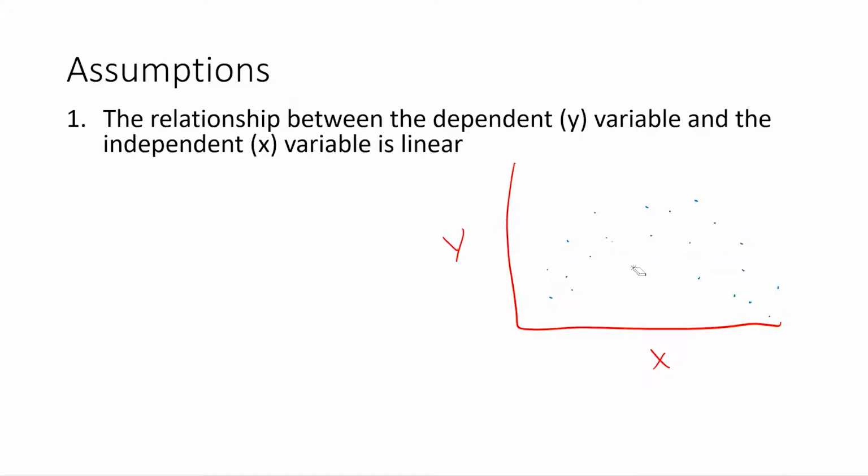But if we look at this data, we can kind of clearly see that there's a pattern to it, that there might be a relationship between X and Y, and that a line that might better fit it is a parabola. So even though there's a relationship between X and Y, it's nonlinear.